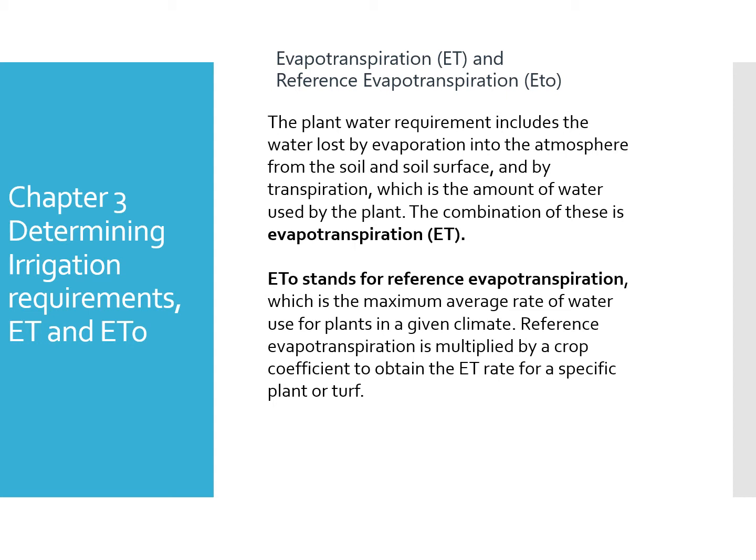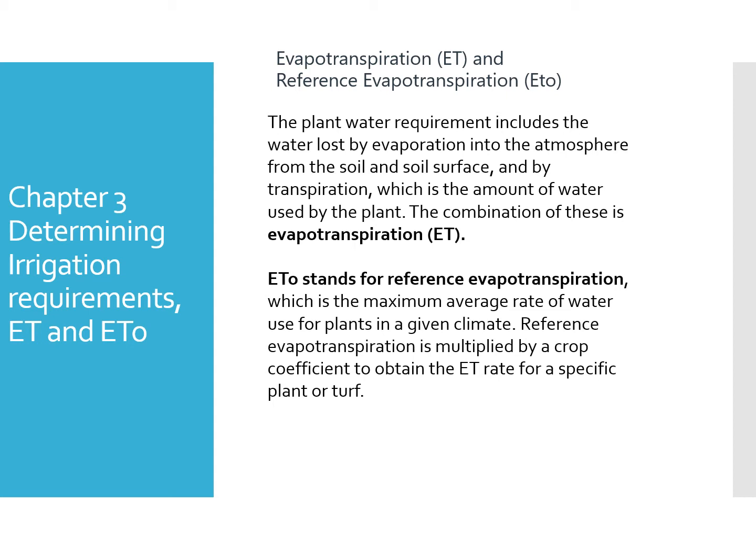We need to know what both numbers are, not just what the plant is going to be using through transpiration, but what's also evaporating at the same time, because we need to make sure that we're applying enough to cover both. So ETO stands for reference evapotranspiration, which is the maximum average rate of water used for a plant in a given climate. So reference evapotranspiration is multiplied by a crop coefficient to obtain the ET rate for a specific plant or turf.